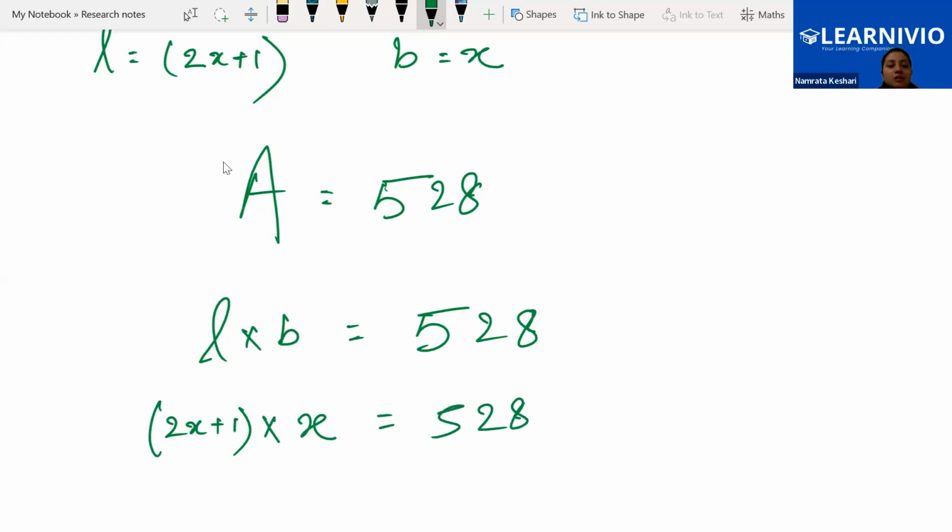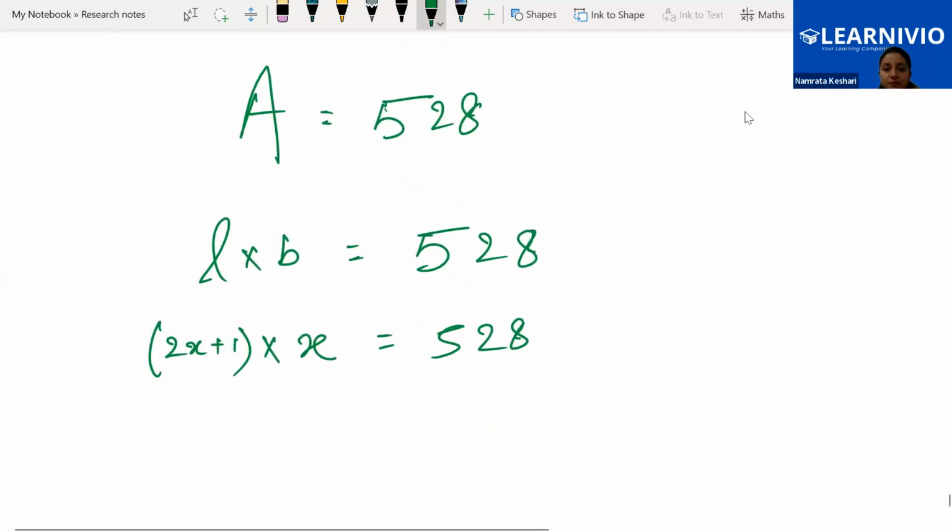Now what we have to do is frame the quadratic equation and then split the middle term. Please apply the distributive property, frame the quadratic equation and solve it. When we apply the distributive property, what are we going to have? 2x square plus 1x, only x we can also write, and minus 528 equals 0.